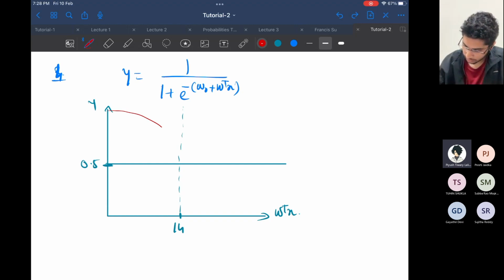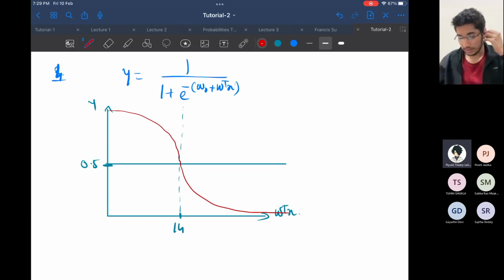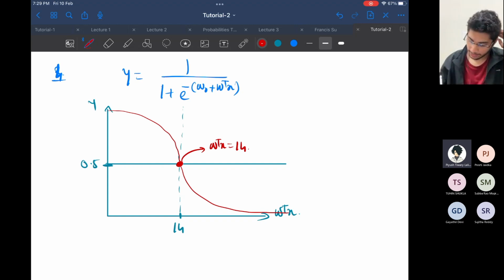So at this point, w transpose x is given to be 14. And this is the same point at which y is also equal to 0.5.